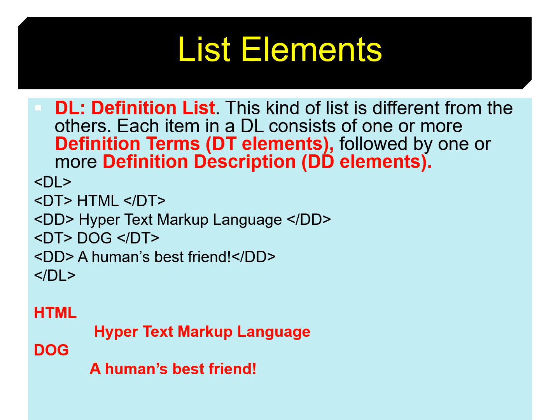So, DL, definition list. This kind of list is different from the others. Each item in a definition list contains one or more definition terms, DT elements, followed by one or more definition descriptions, DD elements. DL, DT, HTML, then we close the DT.